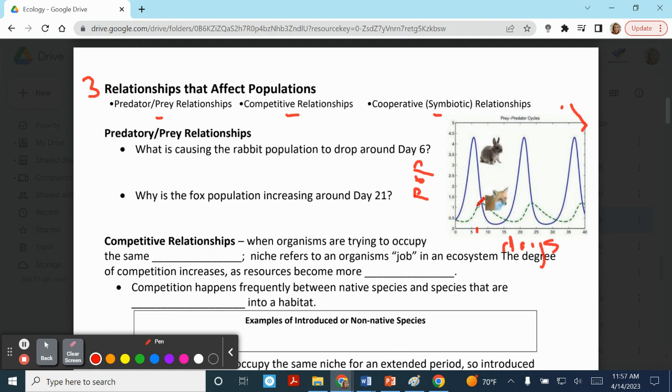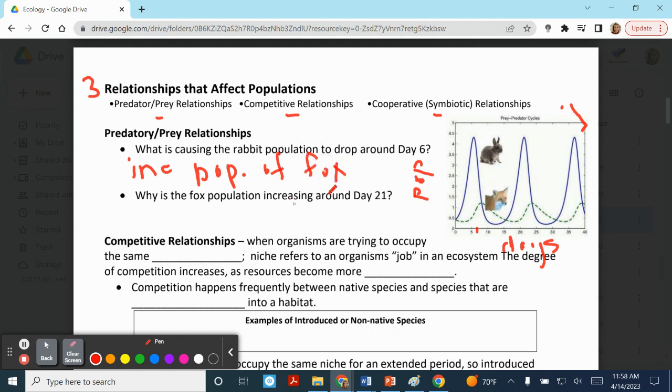And at this time, day 6, there is a high population of fox. And so that would be causing that rabbit population most likely to decrease. So we can say that the rabbit population is decreasing because of an increased population. So I'm going to abbreviate, increased population of fox eating the rabbits.